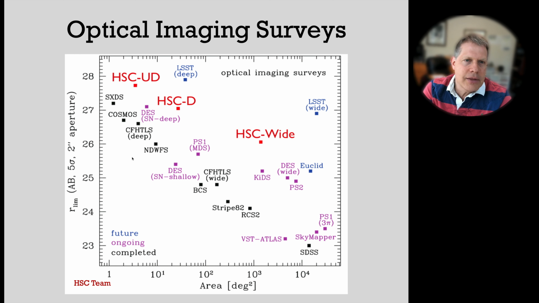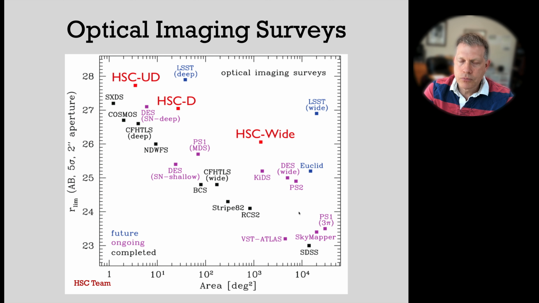And you can see that we have a wide range of surveys running from narrow field, extremely sensitive surveys over here, over to very wide area, almost all sky surveys over here.